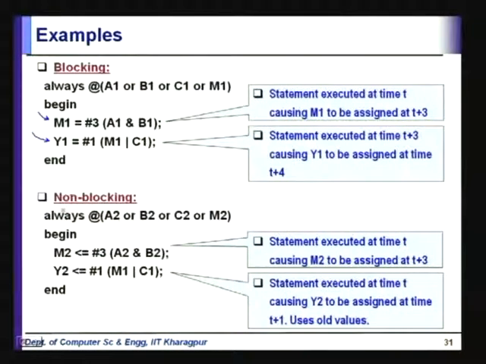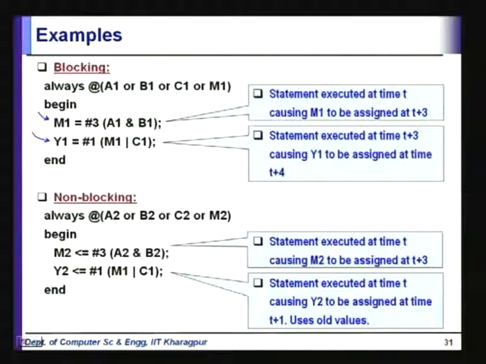Now let us compare that with the non-blocking assignment. In this non-blocking assignment, again the trigger is the same, A2 or B2 or C2 or M2, and then we have put this non-blocking assignment M2 <= #3 A2 and B2.